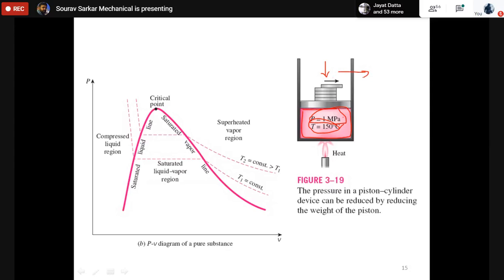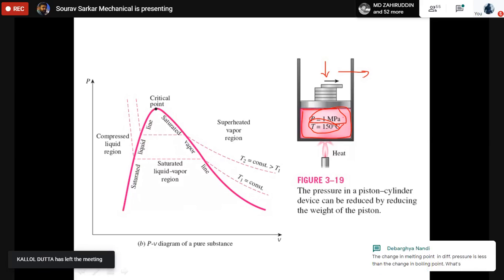Just like what happens in the mountains. Suppose you have water at 95 degrees Celsius and you go to Darjeeling, or some high altitude.